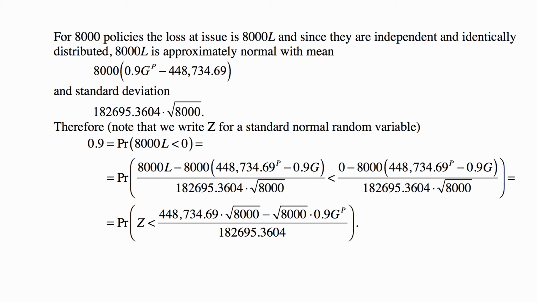And we want that number, whatever this whole expression on the right-hand side is, to be such that this is 0.9. In other words, we want to find the 90th percentile of the standard normal distribution.